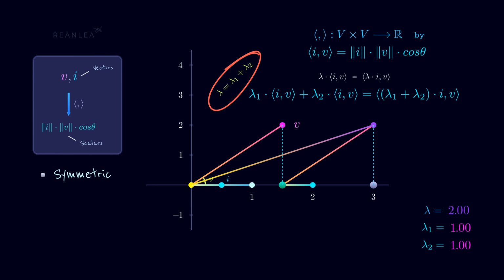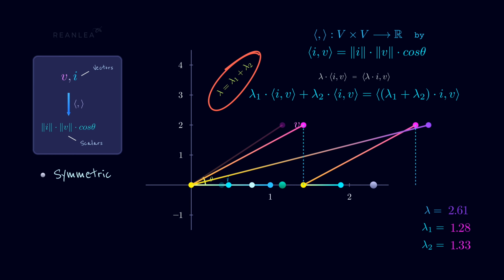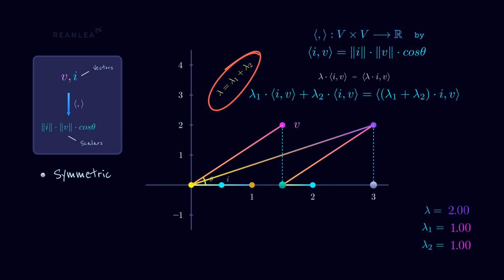And we can check the result for different lambda 1 and lambda 2. And the result holds for all lambda 1 and lambda 2 in the scalar field R. Now shifting the scalars on the left hand side of the equation inside the bracket, as previously, we get this equation.